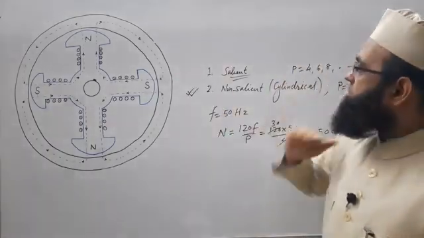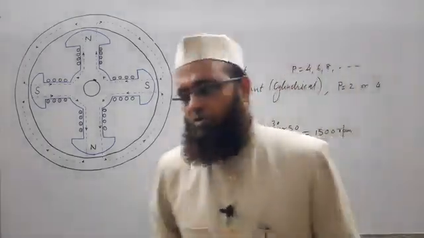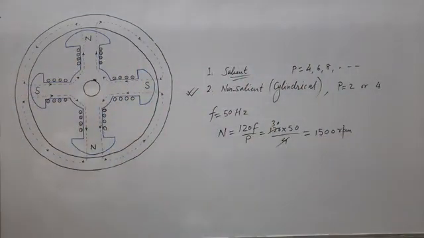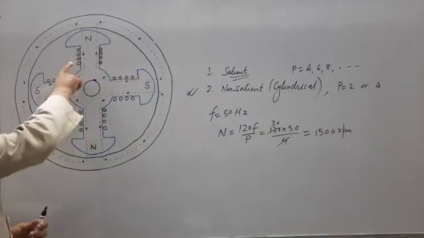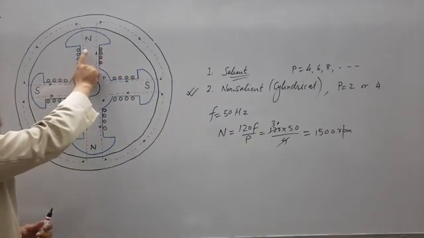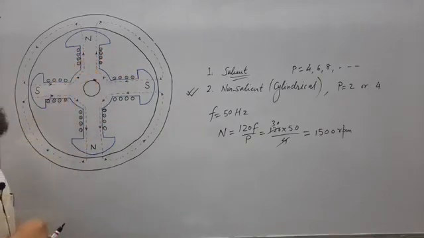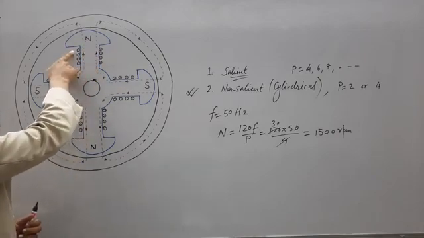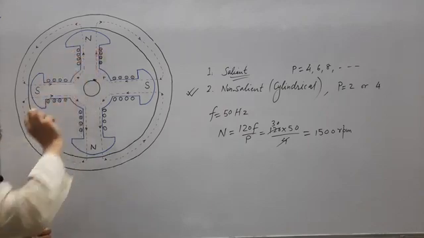Now come to this salient pole rotor. This will be 4, 6, 8 and so on. What we can note is that we have concentrated windings on this body. This body is known as pole body. On this body we know the dot and cross notation.